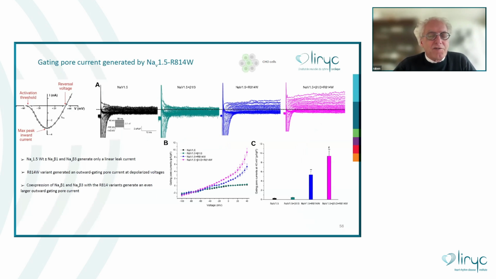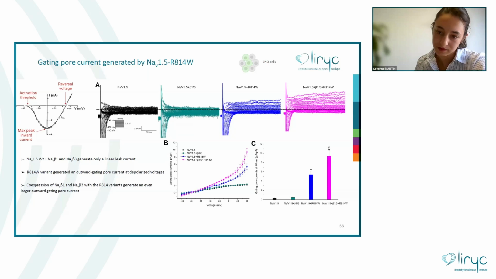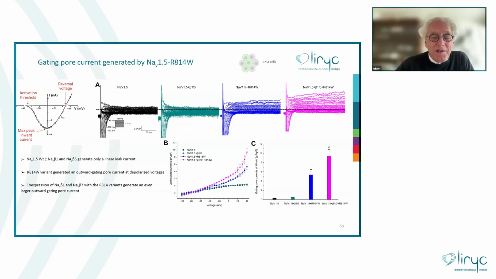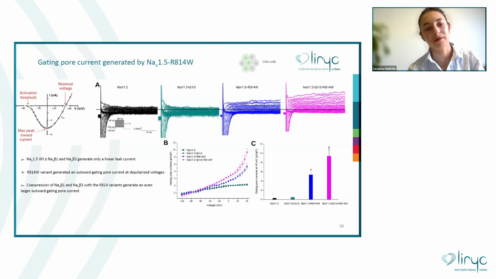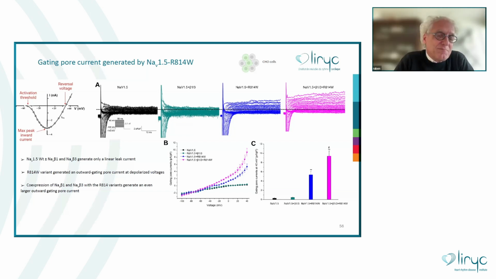And I understand that if you take the plus 40 millivolt value, you have an inward current, because it's below the... but what does it mean? I mean, the slope of that part of the IV curve is a measure of the resistance of the channel. Yes. So what does this tell you?